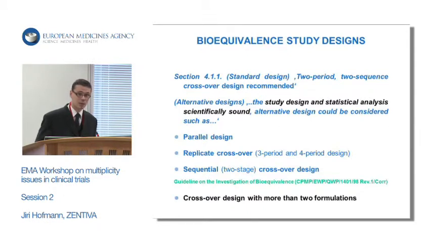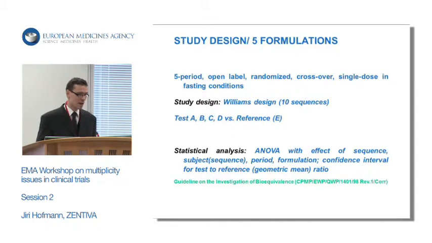And I have an example here, please. Next slide. So imagine a situation where 4 formulations, A, B, C, and D, would be compared to reference product E. The study could be done in a Williams design, but a simple Latin square would work as well.